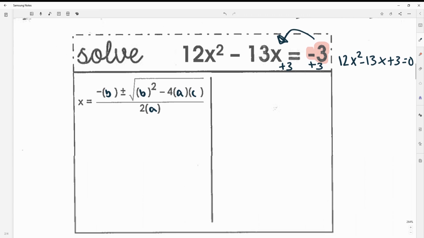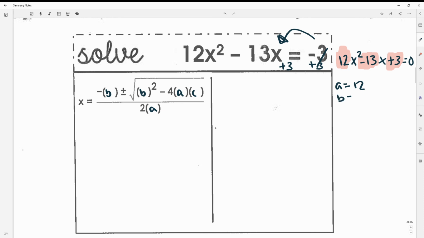Okay. So now that I've moved that -3 over, now I can identify A, B, and C. I'm going to erase that one so we don't get confused. So A is 12, B is -13, C is +3.